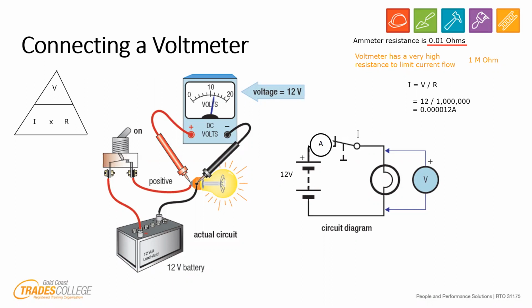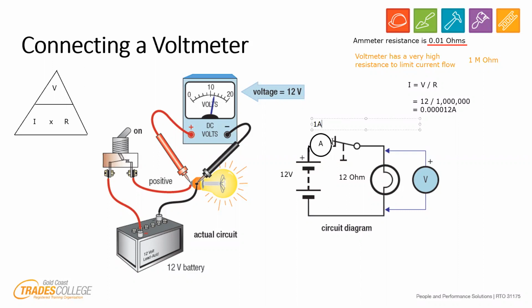So we worked out earlier that this 12 ohm lamp drew 1 amp of current. Okay, so we already had that. So in a healthy circuit, this is going to show 1 amp. When the circuit is running normally, 12 ohm light bulb, 12 volt supply, I is V over R, will give us 1 amp.